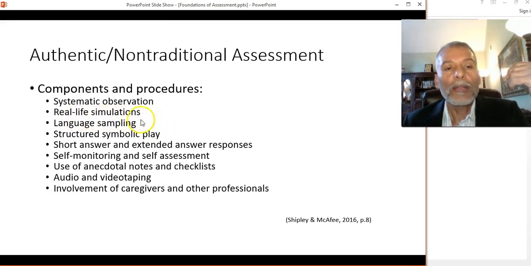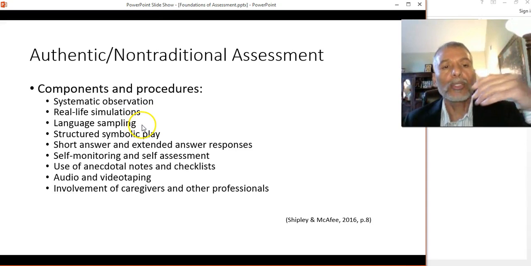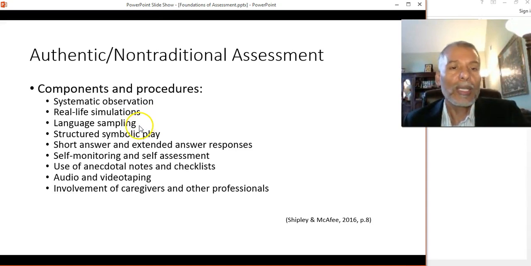And then real life situations, simulations. That is unique to authentic assessment because you want them to demonstrate the skills within the natural setting, either at work or in school or at home and so on. And of course, you do not do this in the standardized. Language sampling is part of any assessment that you make, especially when we speak about language.